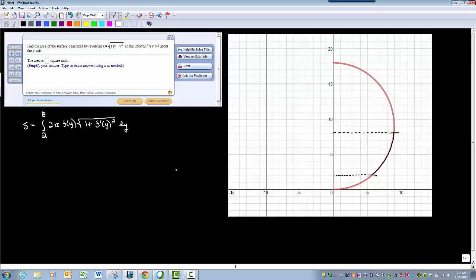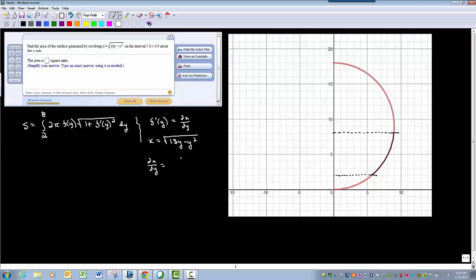So now what I'm going to go ahead and do is compute this. What I need here is f prime of y, so let's calculate that as a side note. So f prime of y is dx/dy. I have x equal to the square root of 18y minus y squared, so I need to take the derivative of this with respect to y.